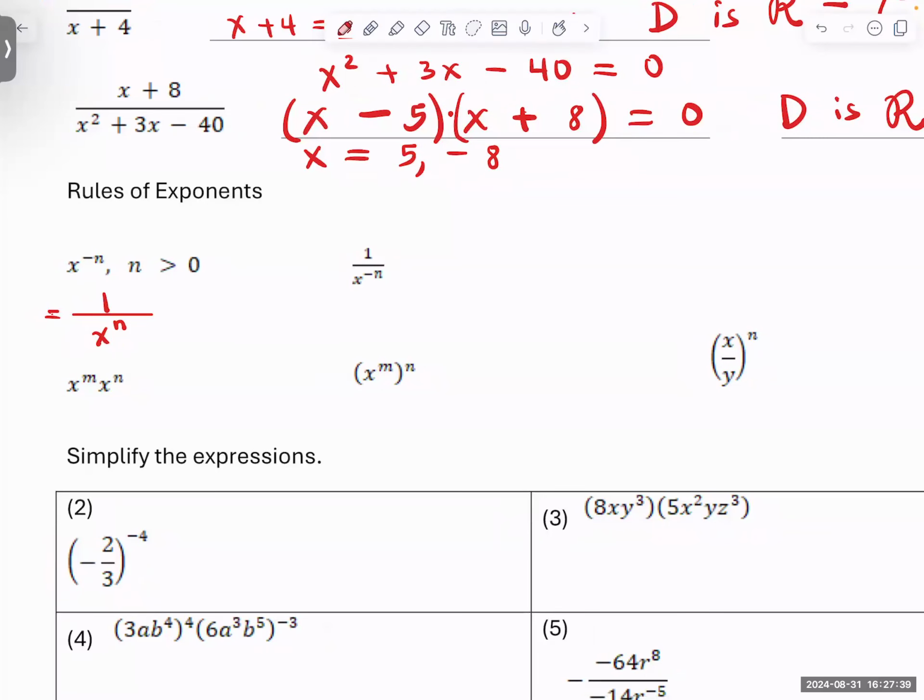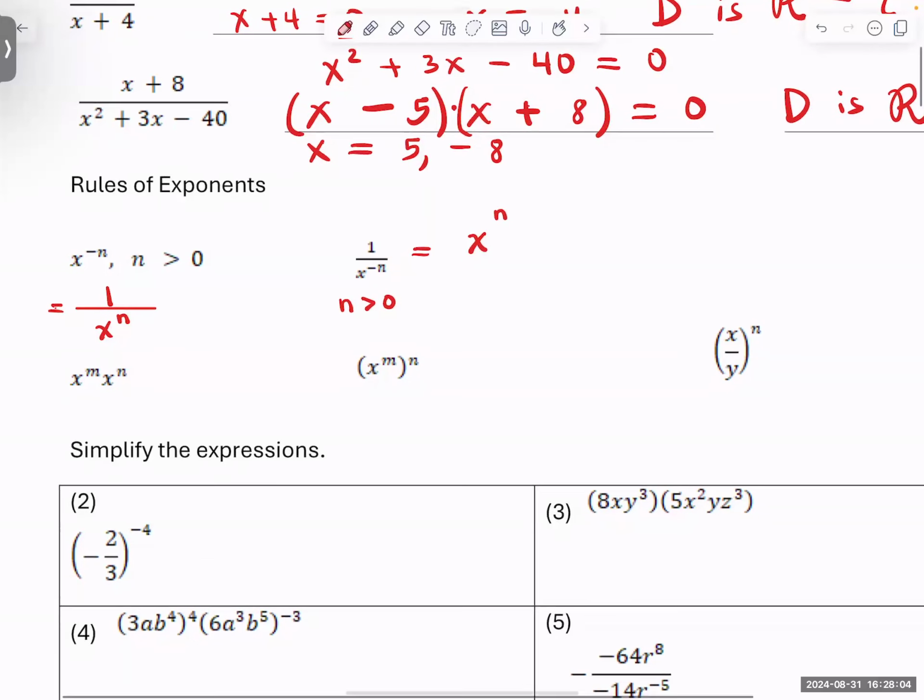In the next expression, 1 divided by x raised to the negative n, again assuming that n is positive, we can rewrite this as x in the numerator. It's kind of like saying move the base to the numerator from the denominator, and the exponent changes sign. And now we have n. It's also x to the n divided by 1.